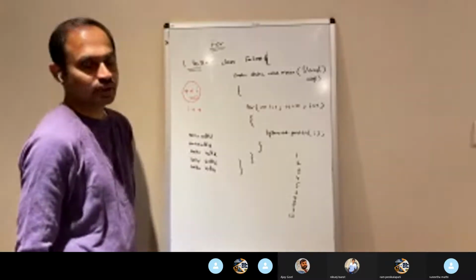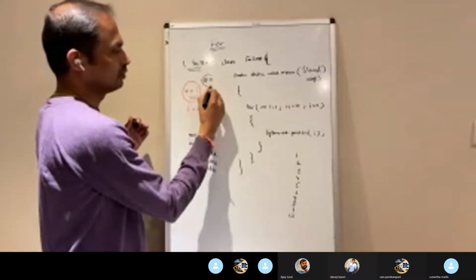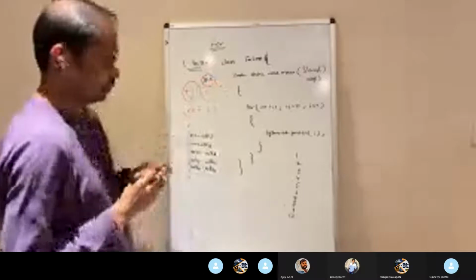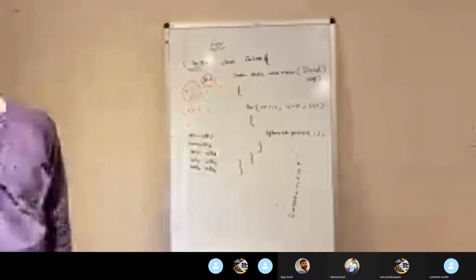Count the numbers 1 to 20. Output should be 210. Think Ram, you can do it.